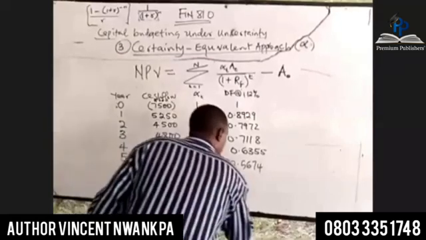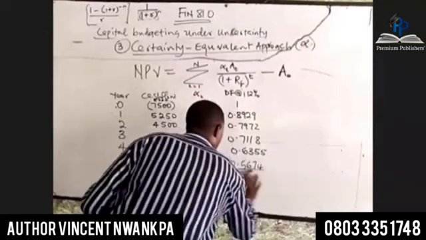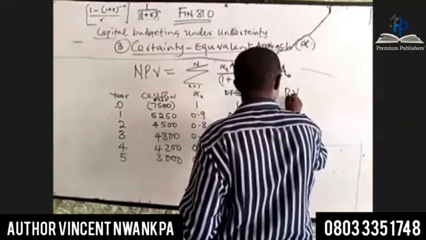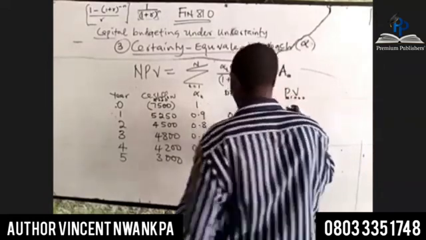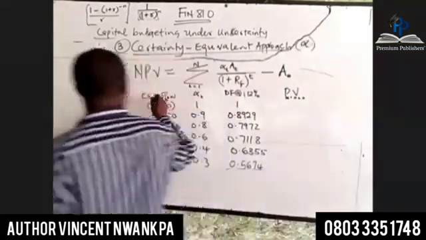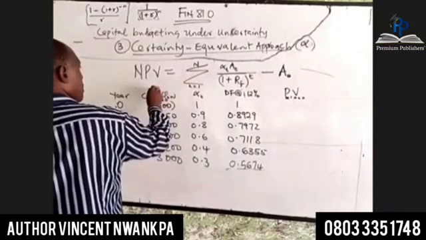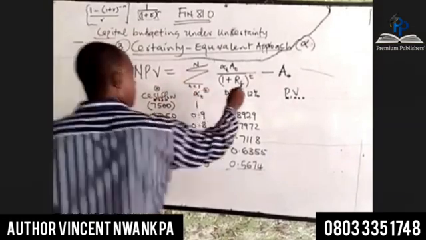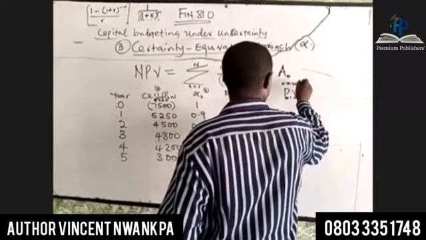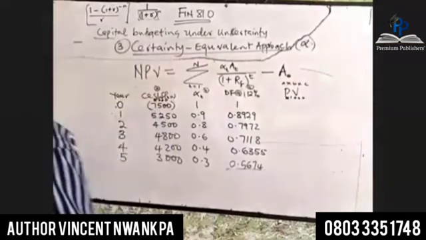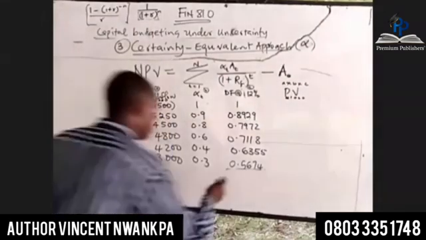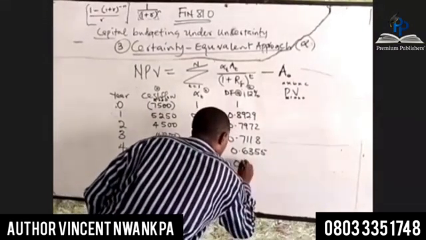We are going to add everything together, as a present value. Call this one A, this one B, this one C. This will be A times B times C. The last one is 0.5675?